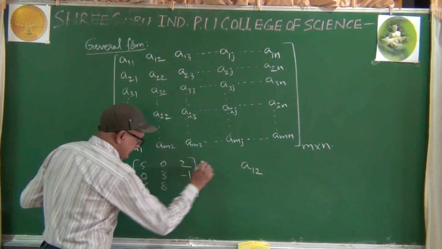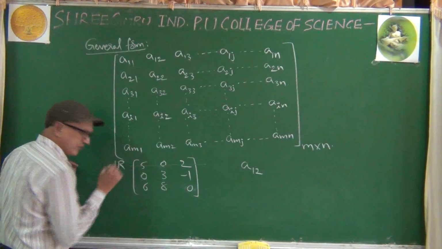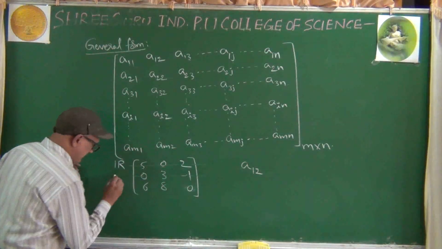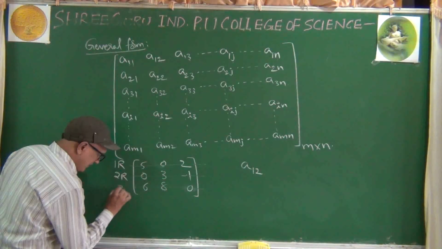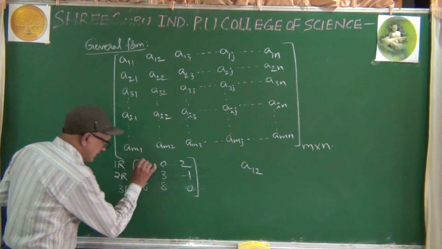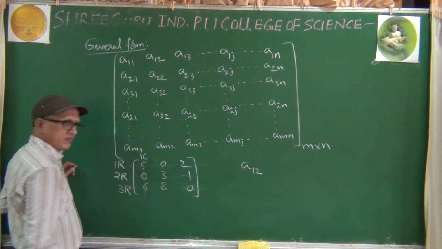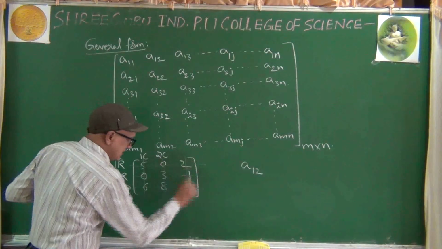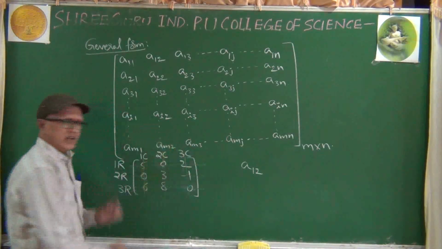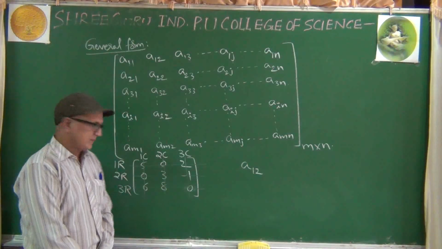This is the first row, this is the second row, this is the third row. This is the first column, this is the second column, this is the third column.